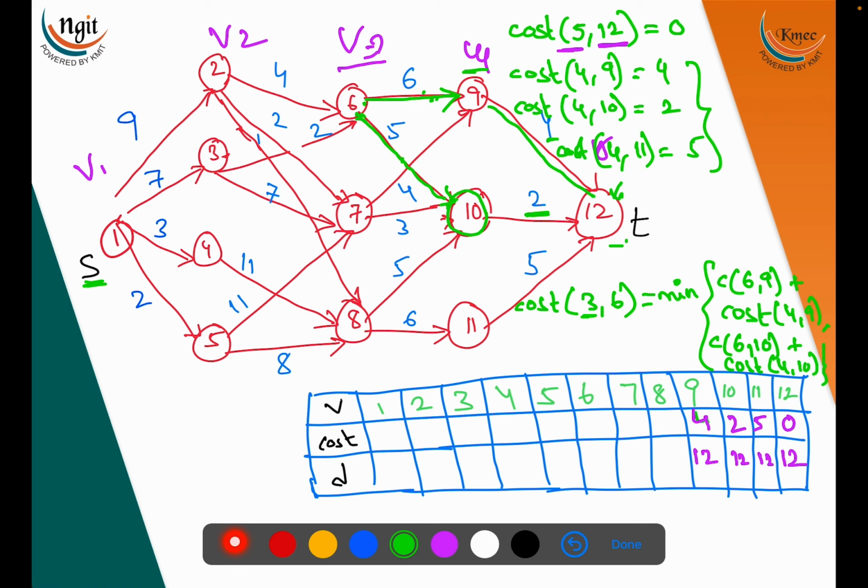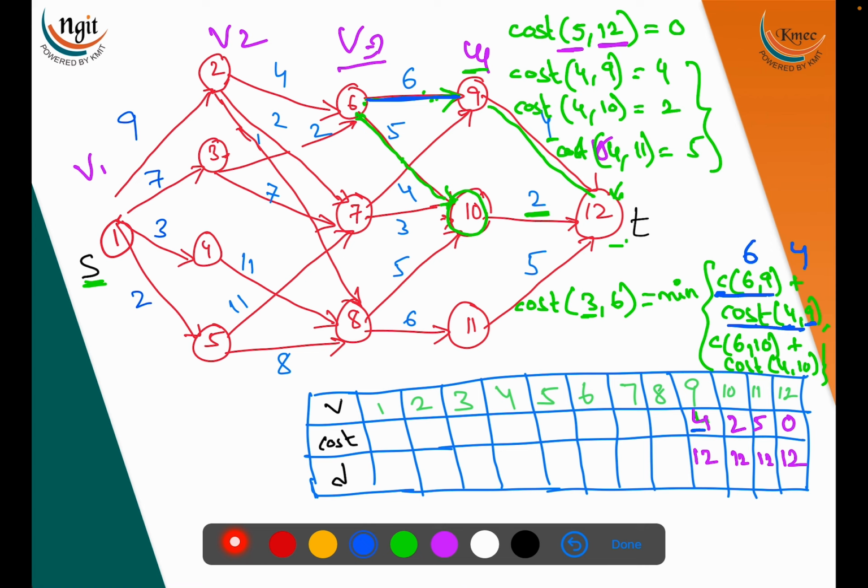Now what is the value of C of 6 comma 9? C represents the edge, 6 comma 9 is the edge. J comma L belongs to edge. 6 comma 9 value is 6. Now take this 6 plus cost 4 comma 9. 4 represents the stage, but the cost of 9 is 4. Now take 6 plus 4.